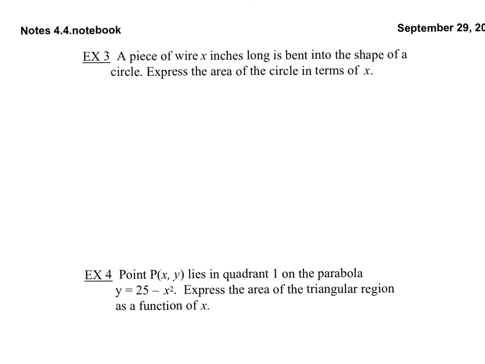Okay, now we're going to come across what are called wire problems, where we have a wire, and again, draw a diagram, that's a length of x and is bent into a circle. So first off, x would be the length of the wire, and then it is bent into a circle, which tells you that the perimeter or the circumference of the circle is x.